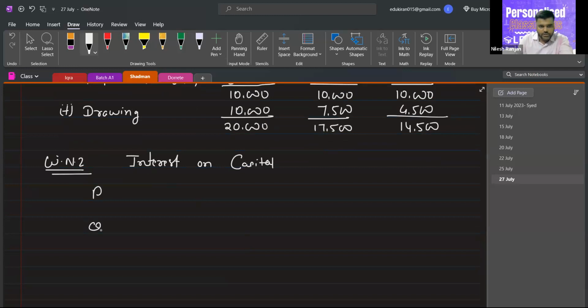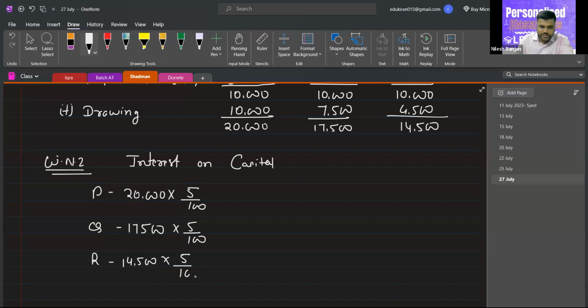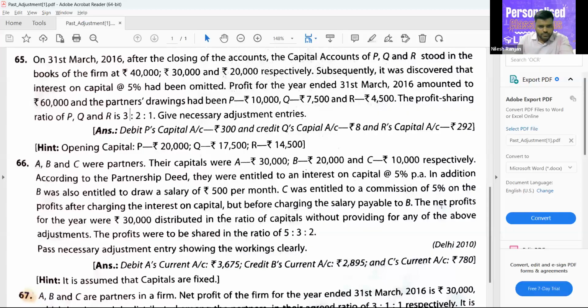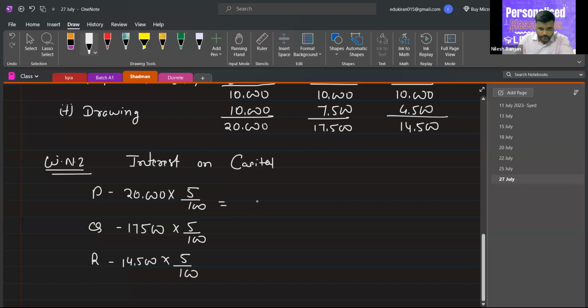P, Q, and R 5% per annum. So 20,000 into 5,500, 17,500 into 5,500, and 14,500 into 5,500. So it will be 1,000 here.